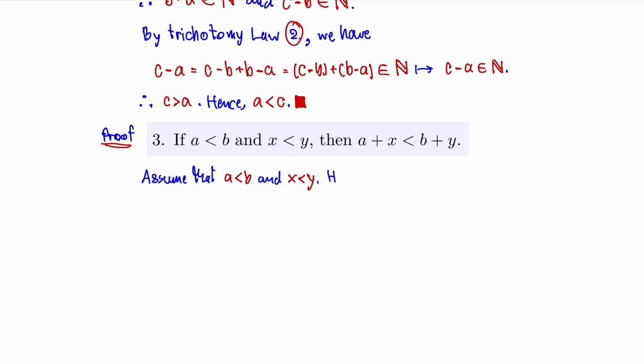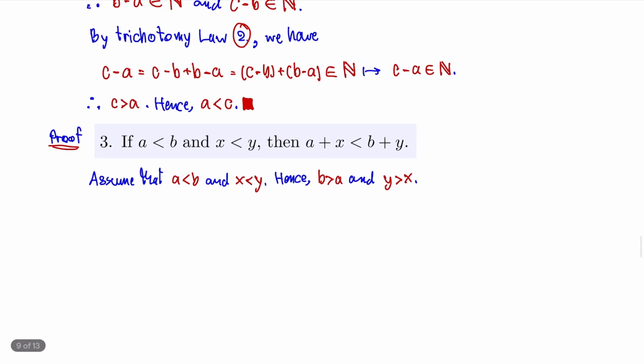Let's change less than into greater than. So we have B greater than A and Y greater than X. By definition of greater than, we have B minus A is in the set of natural numbers and Y minus X is in the set of natural numbers.